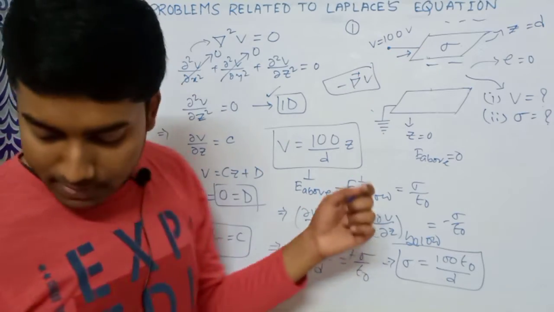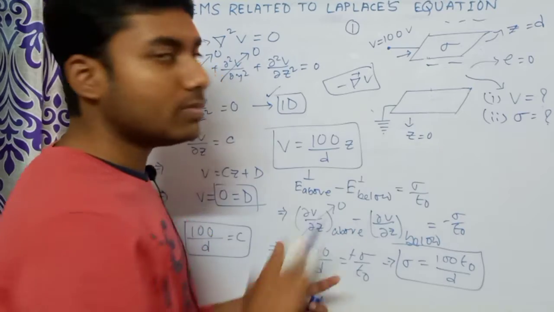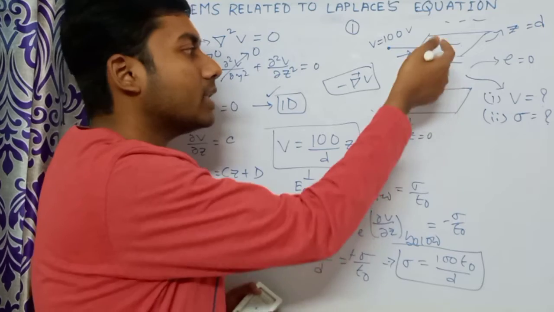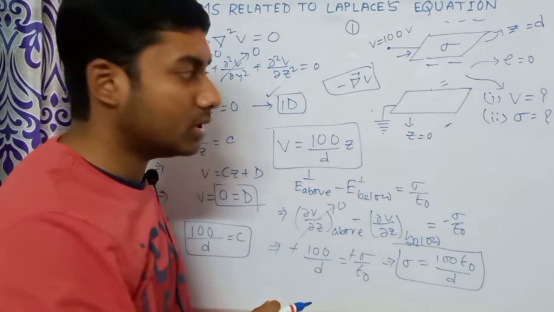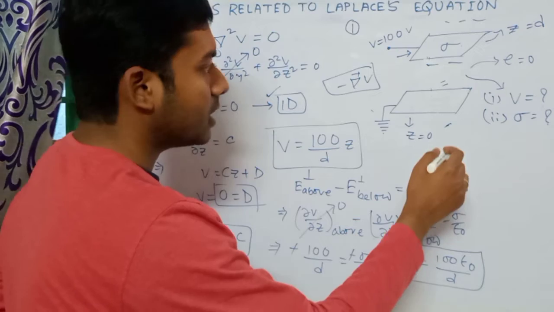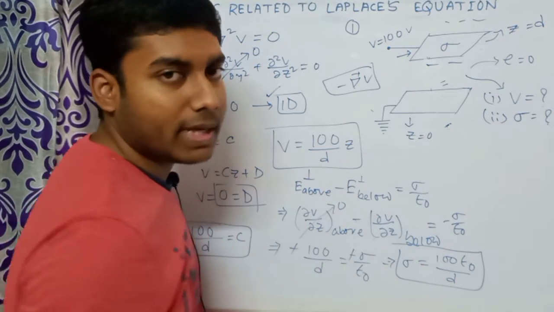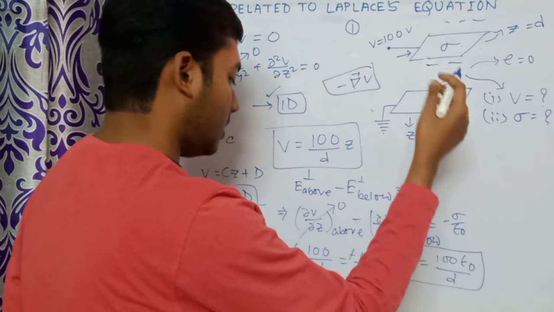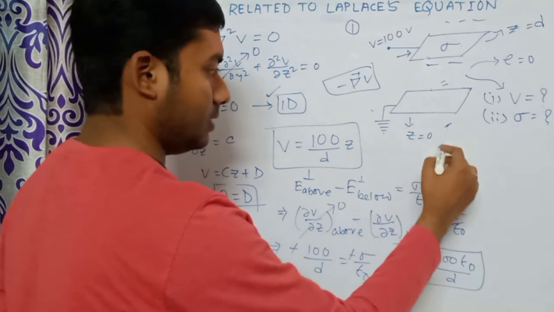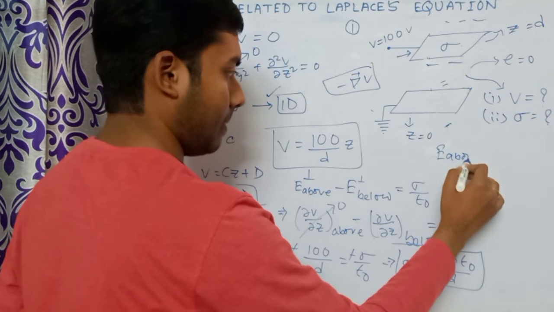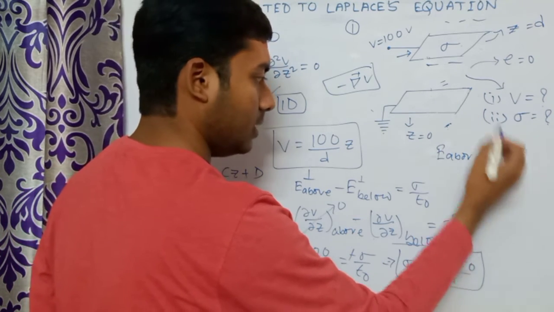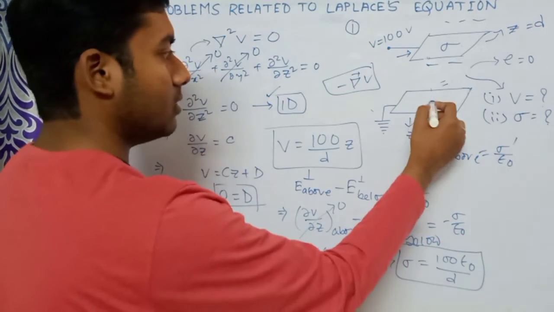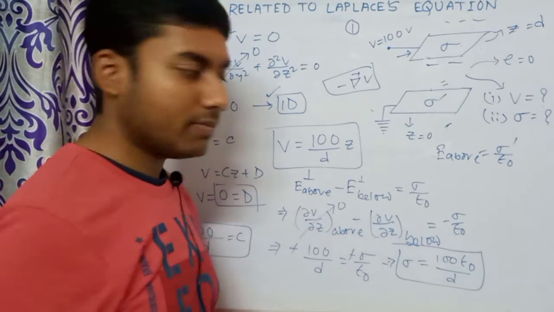Now for the lower plane, similarly we can find that. How? Put the boundary condition for this plane. This is the boundary and this is the above region, this is the below region. Then E above minus E below, and here E below will become 0. So E above will be equal to sigma over epsilon naught, sigma dash. I am denoting this density with sigma dash.